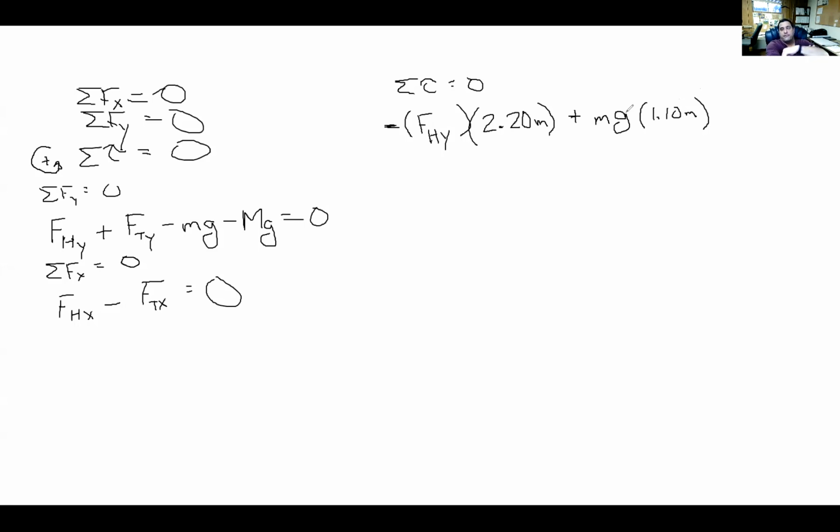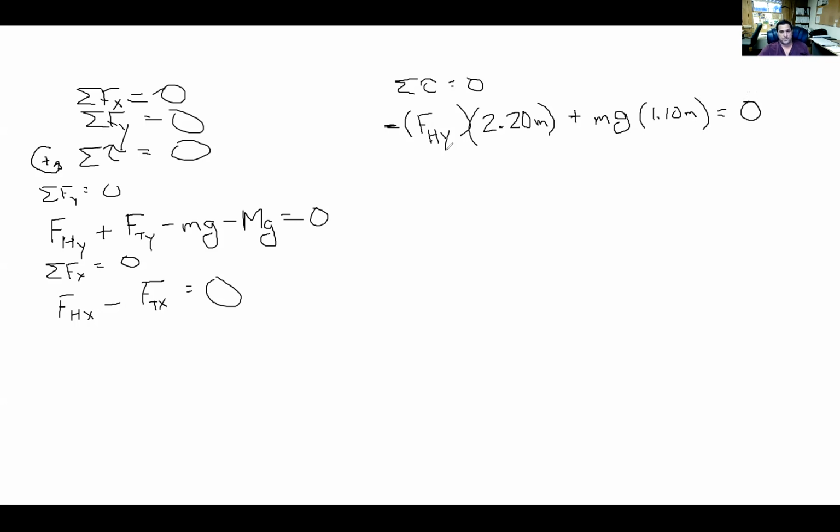Now, out at the end of the beam, we have our tension in the y in the cable, our tension in the x in the cable. We have the weight of the sign in the y. But if you look, all of those lever arm distances are zeros. So there is going to be no torque because all of those distances are zeros. Those forces are there, but they're not going to generate a torque. So those are the only two torque generating forces in this problem.